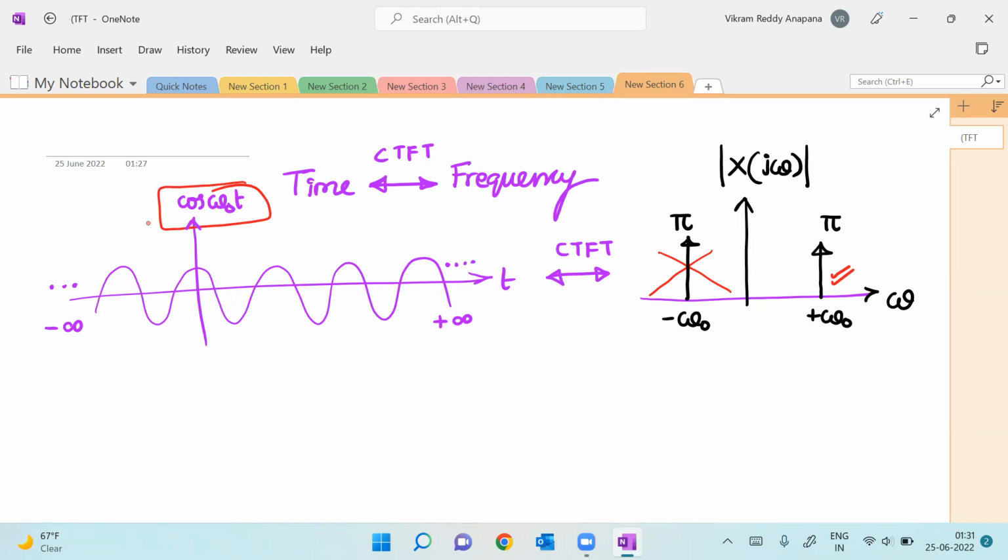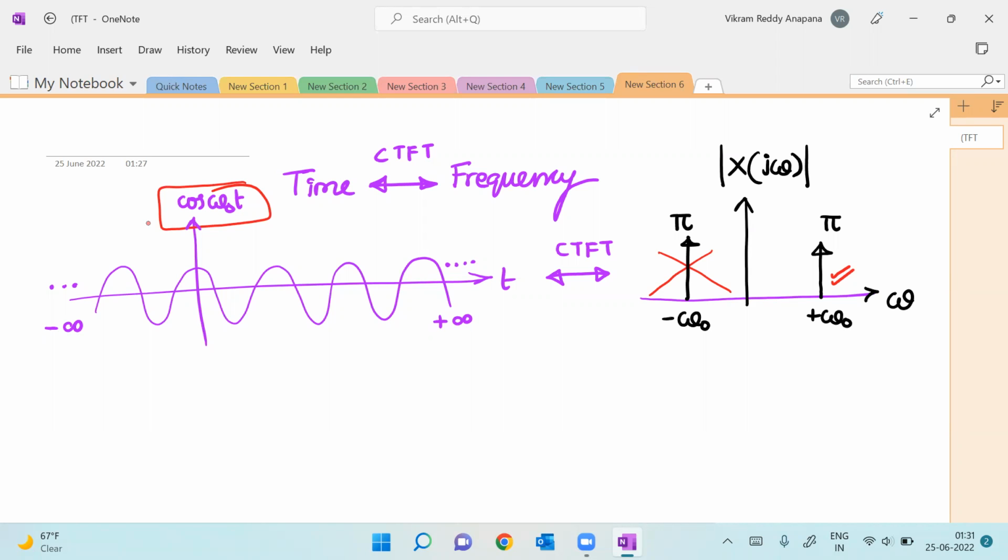This is what negative frequency is about. Negative frequency combined with positive frequency will always represent a real signal in the time domain. If I don't take the negative frequency component, I will end up with a complex signal in the time domain. Anyway, we have a detailed video on this in our upcoming videos. You can check about negative frequencies.